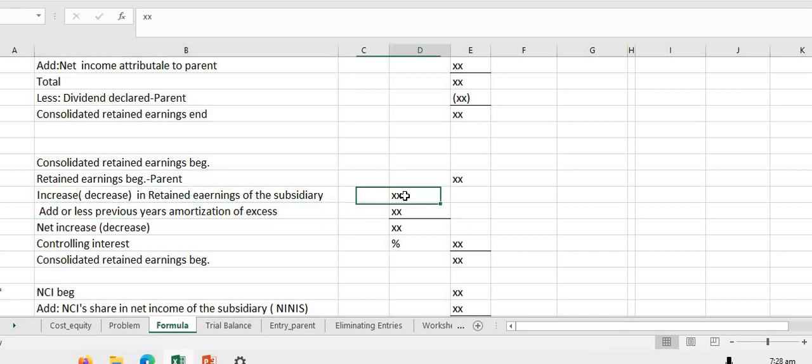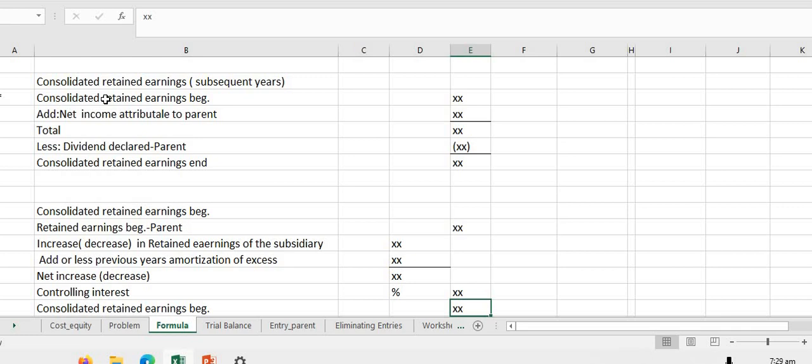Okay, so then from the net increase or decrease in the retained earnings of the subsidiary, i-multiply mo lang siya sa controlling percentage, to get the share ni parent sa increase or decrease in retained earnings ni subsidiary. So, it's actually the consolidated retained earnings beginning. If in case hindi siya given, we have this alternative computation for the consolidated retained earnings.